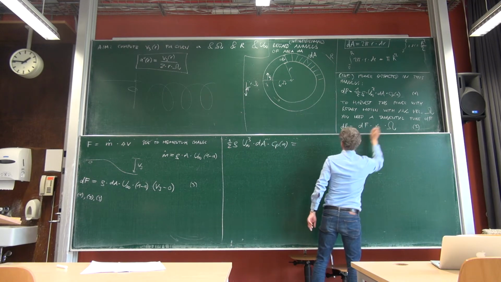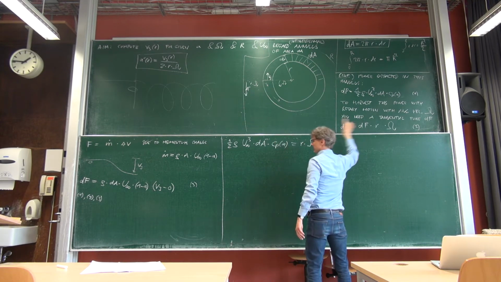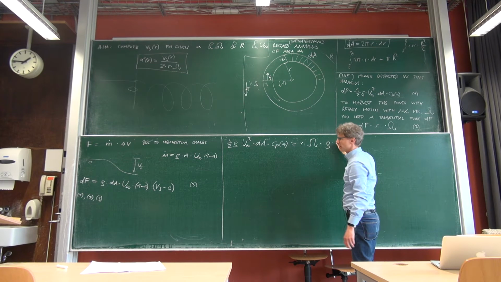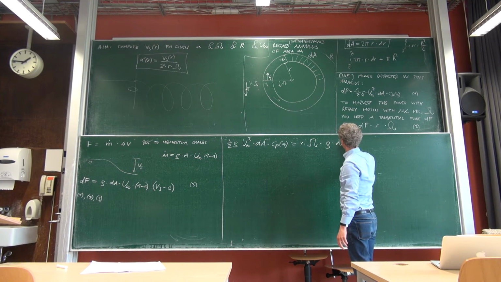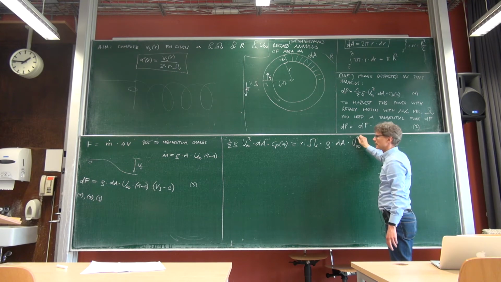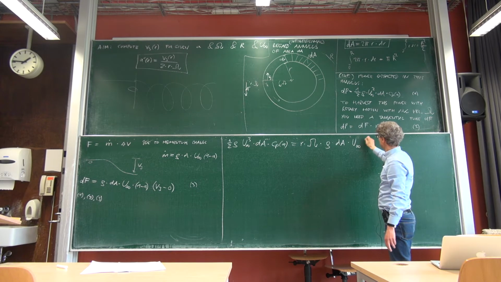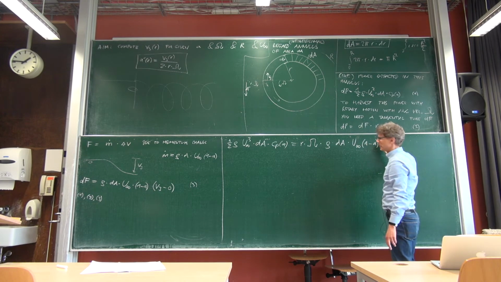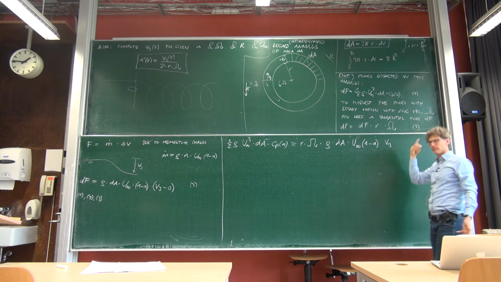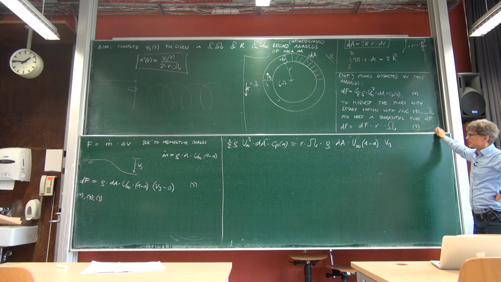So let me put these easy terms to the front, r times omega, and then I copy the dF expression that I have here. And now I have here a rho and a dA, and I have a u infinity, so 1 minus a, and then I have here a v3. V is now the tangential velocity, right?